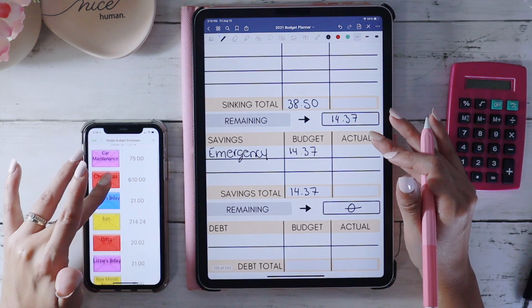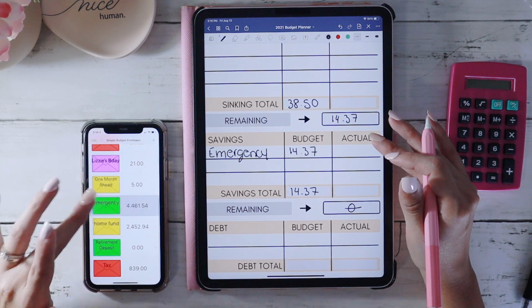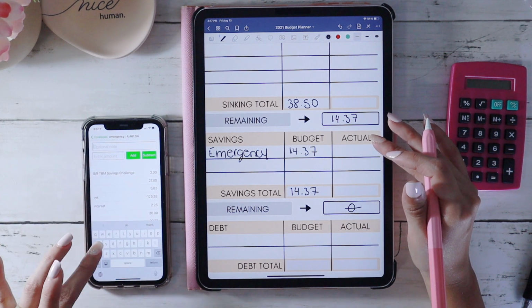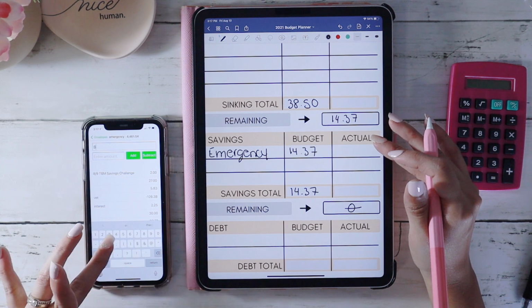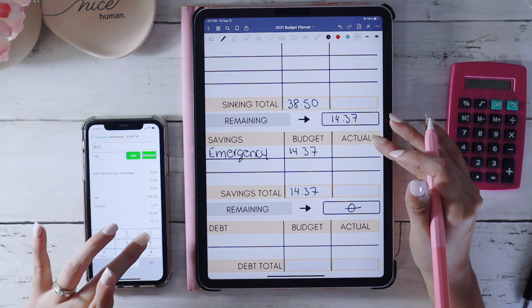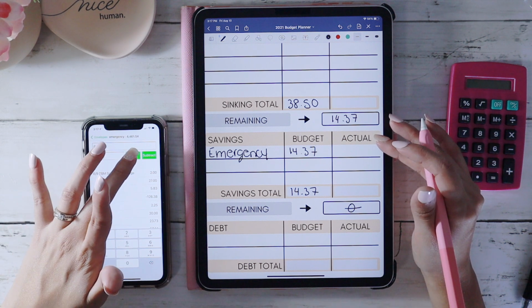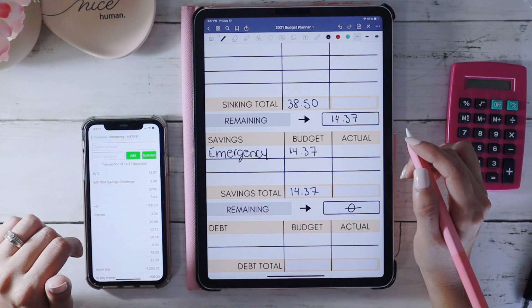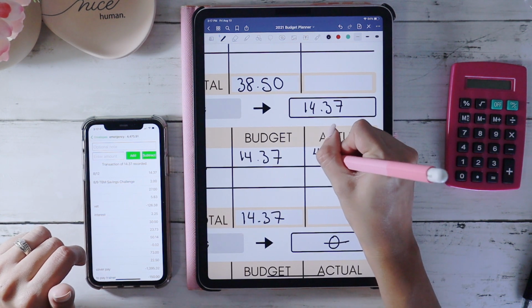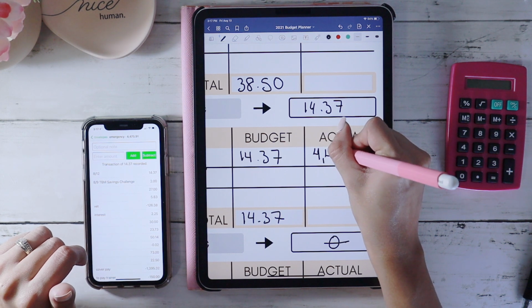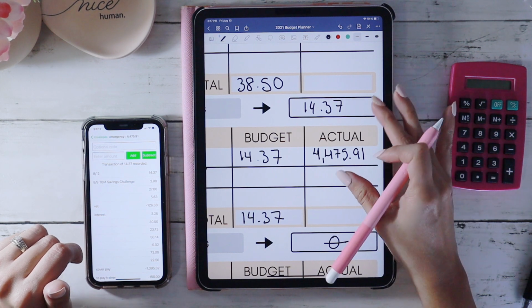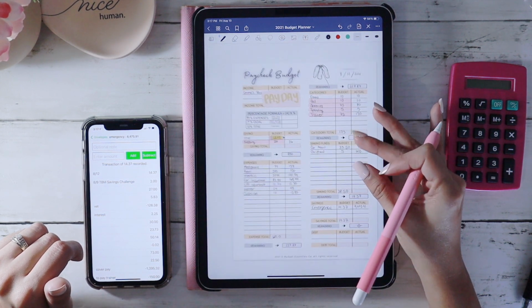Moving on to emergency. So I have emergency right here. We're adding $14.37. So I'm gonna put the date and $14.37. So currently there is a balance of $4,475.91 in our emergency fund.